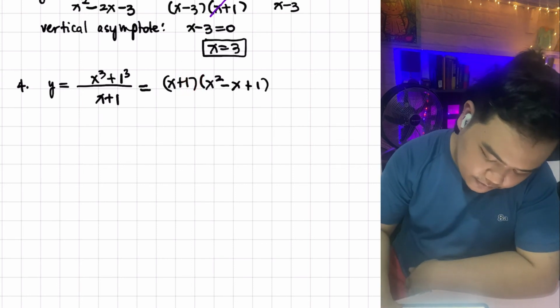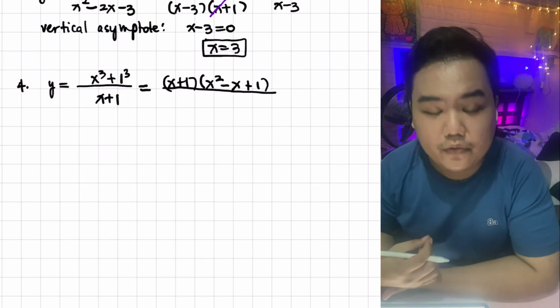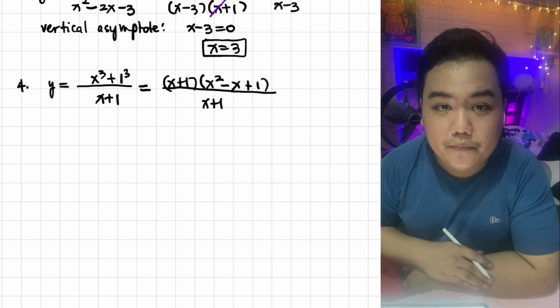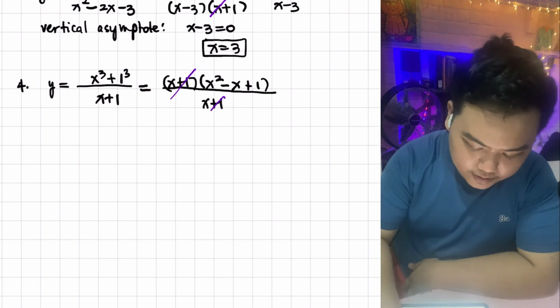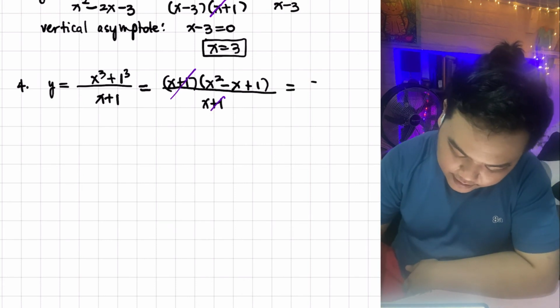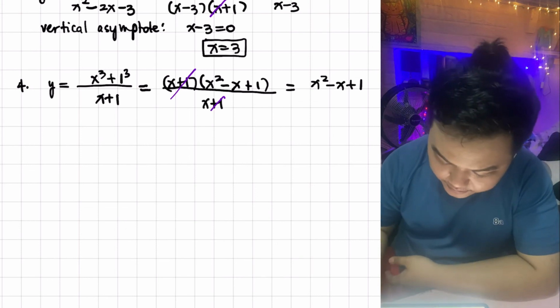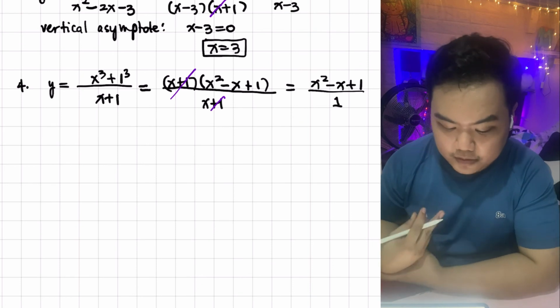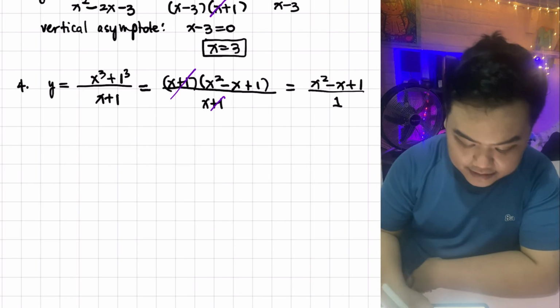So that's how you factor a sum of 2 cubes or difference of 2 cubes. And then copy the denominator. And as you can see, nagka-cancel yung x plus 1. You are left with x squared minus x plus 1. And as you can see, the denominator of this is never 0. So, hindi magzi-zero yung denominator, you don't have a vertical asymptote.